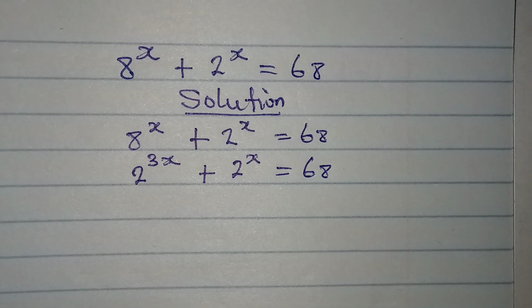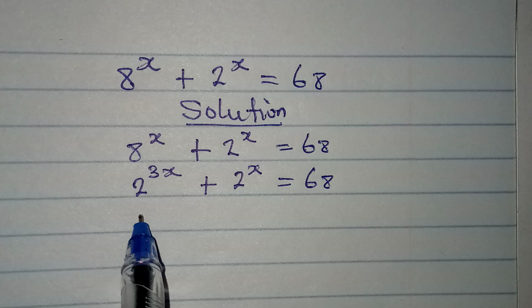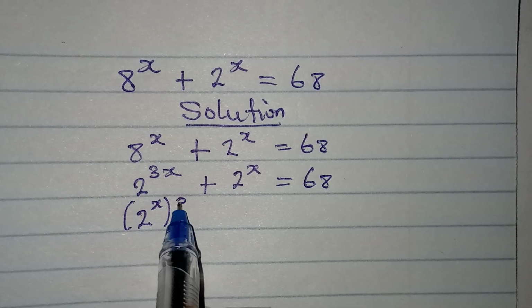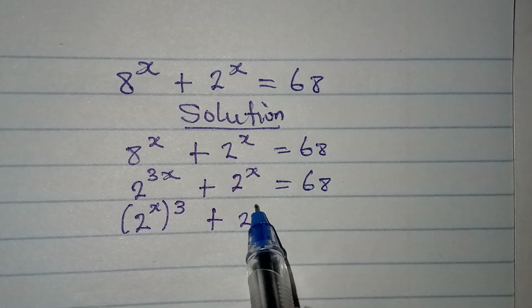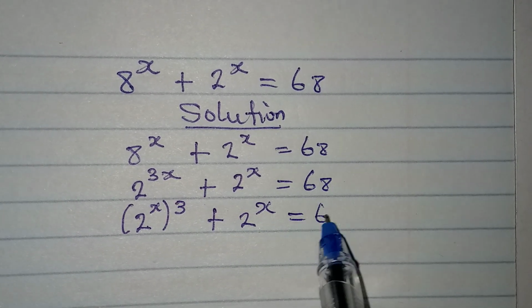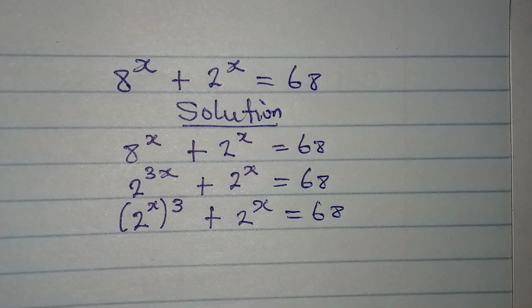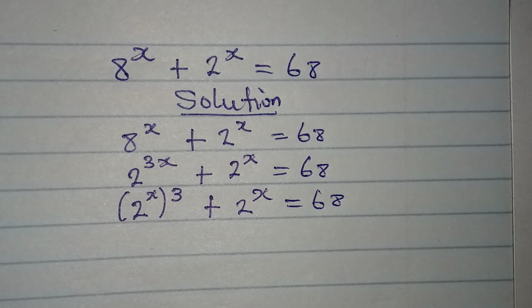Now, what I will do next is to rearrange this first term here. So we can have 2 to the power of x, then we have 3 outside, plus 2 to the power of x equals 68. Now, the reason for this arrangement is for me to have 2 to the power of x in two places, right?